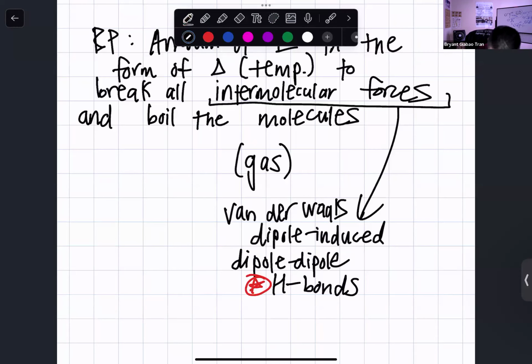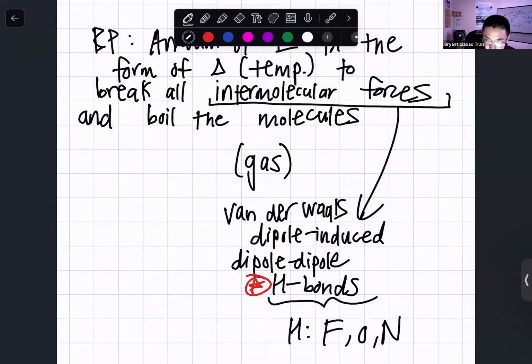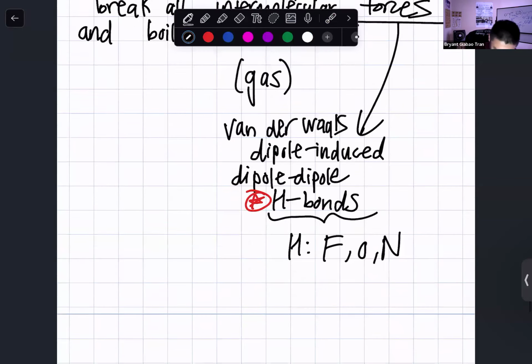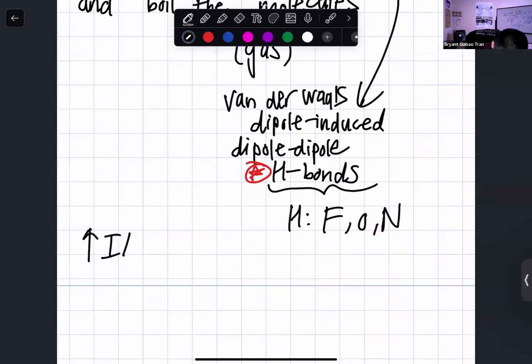H bonds are when hydrogen is bonded to one of these three atoms, FON: fluorine, oxygen, or nitrogen, right? So the more H bonds a molecule has, the higher boiling point it will have, because there are more intermolecular forces that we need to break to boil the molecule, increasing the boiling point.